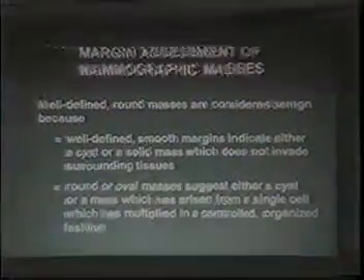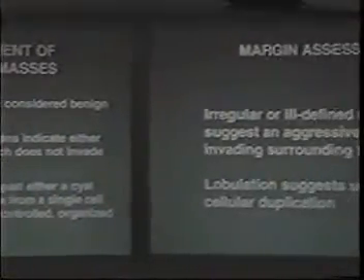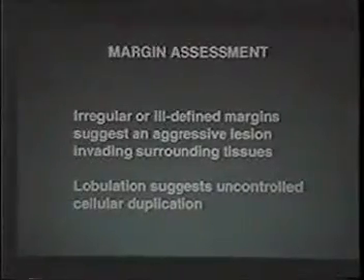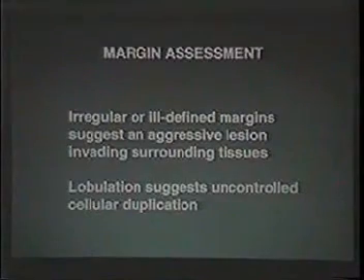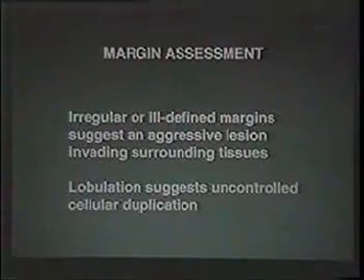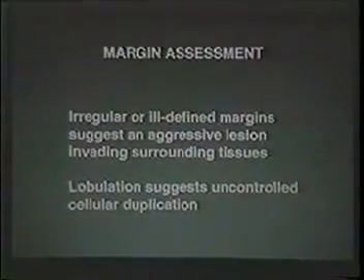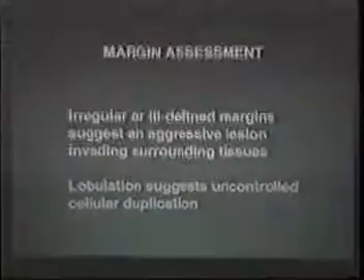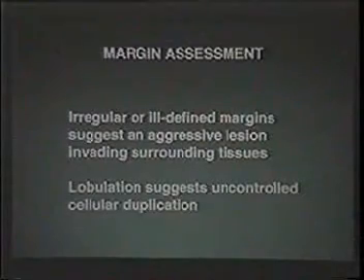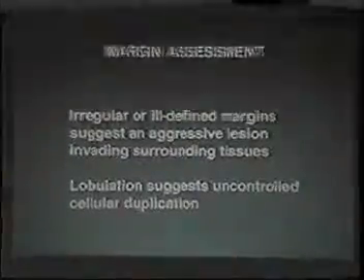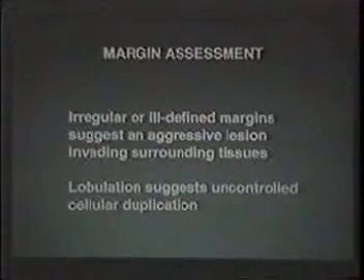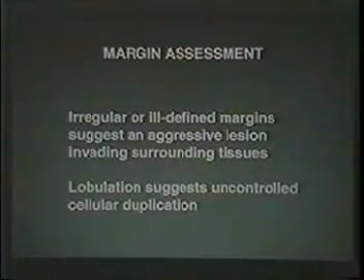Irregular or ill-defined masses suggest that the process causing the mass is aggressive and has invaded surrounding tissues. Lobulation also is a suggestion that the duplication of the cells inside the mass may not be controlled, may be a little bit uncontrolled, and therefore has a characteristic which suggests the possibility that it is malignant.